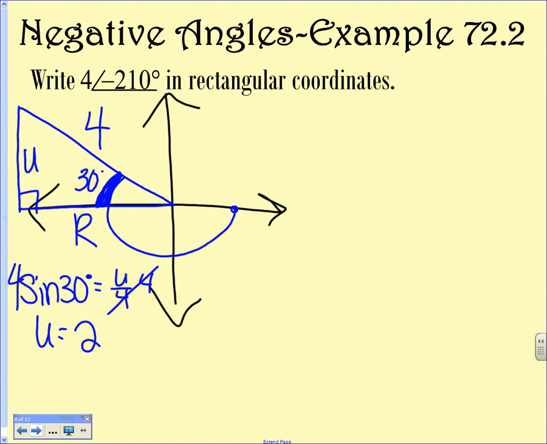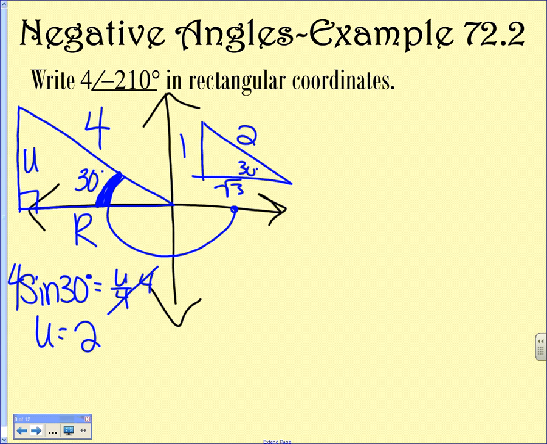Haven't we looked at 30, 60, 90 triangles? It's a 30, 60, 90 triangle. You remember your 2, your 1, and your square root of 3? If that's 4, 2 times 2 is 4. So 1 times 2 is 2. So then the R is going to be 2 square roots of 3.